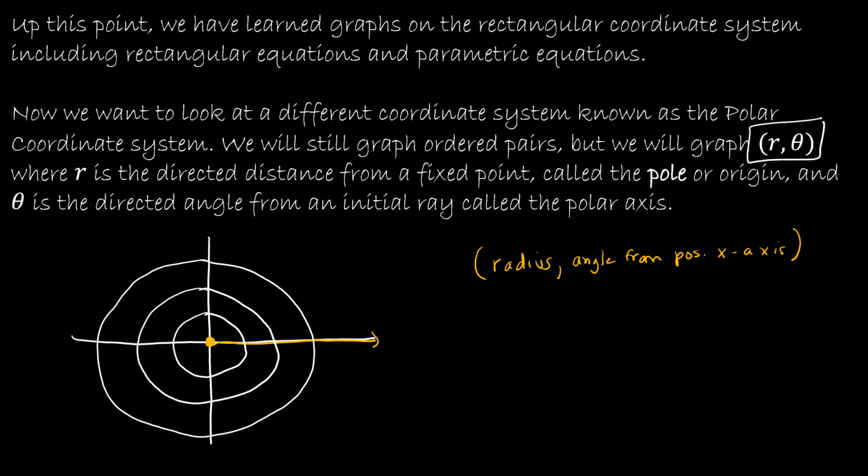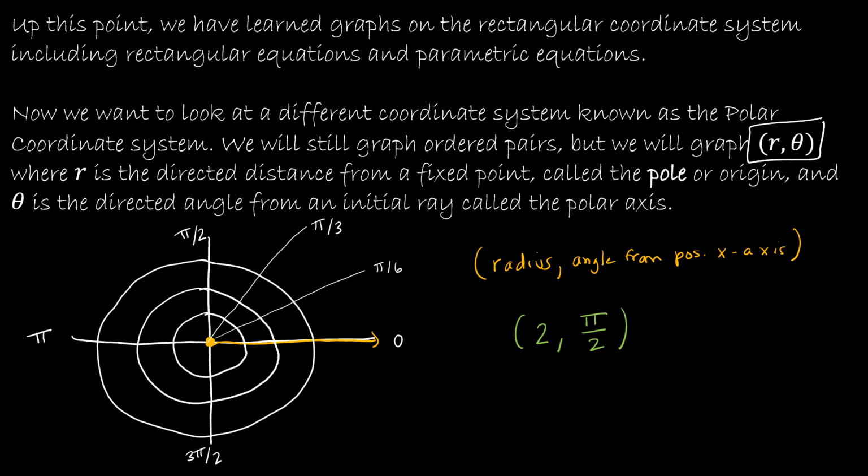So if I wanted to plot the point, say 2 comma pi over 2, I'd have to remember that this would be 0, this would be pi, making this pi over 2, making this 3 pi over 2. Sometimes you'll see these drawn out already with some extra lines, which of course this would be pi over 6 and pi over 3 and so on, and I'm not going to draw all those in, but you could if you needed to.